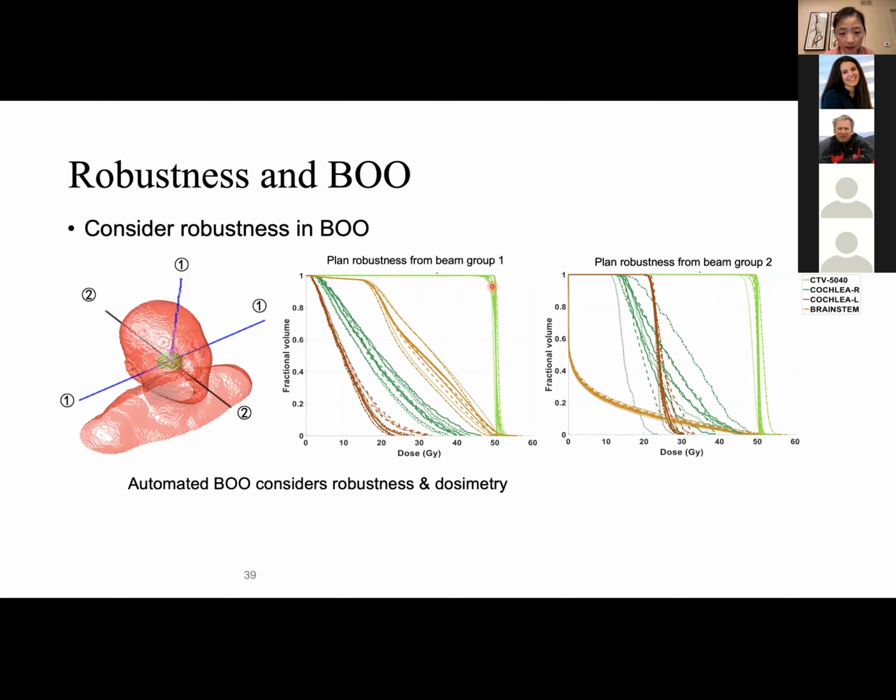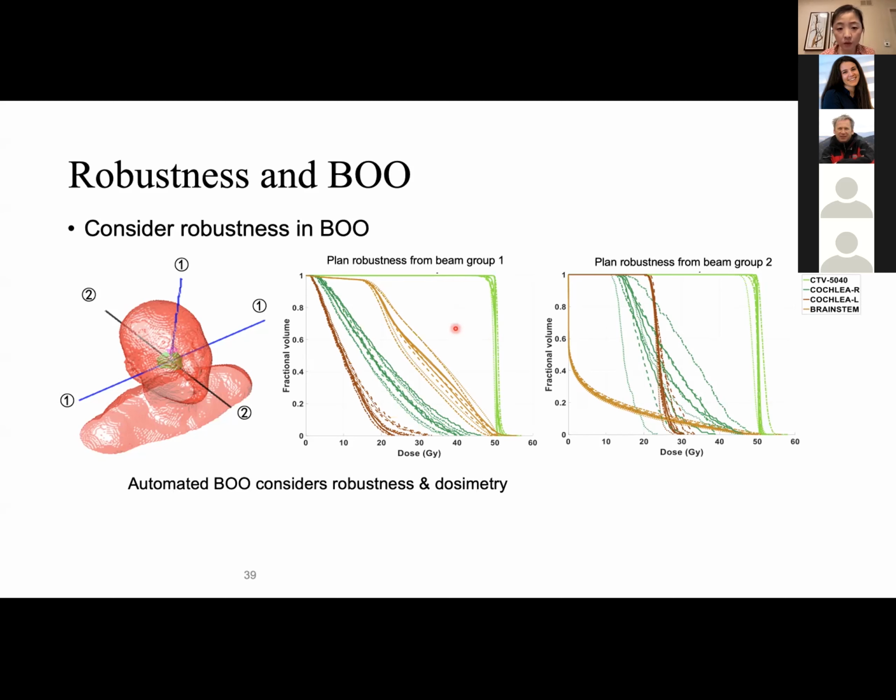The solid line is the DVH including the nominal dose, with no uncertainties, and also some worst case doses, like if the patient is misaligned by 3 millimeters in each direction, or the range is overestimated or underestimated by 3.5%.